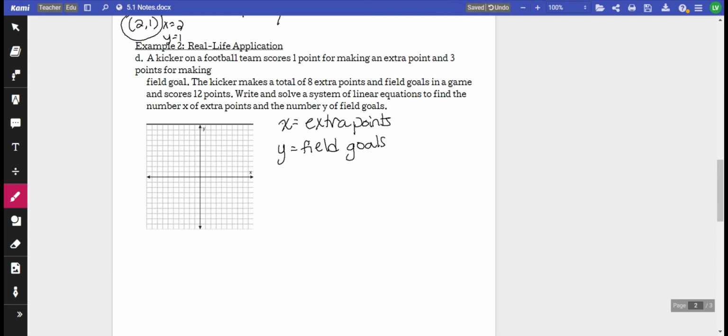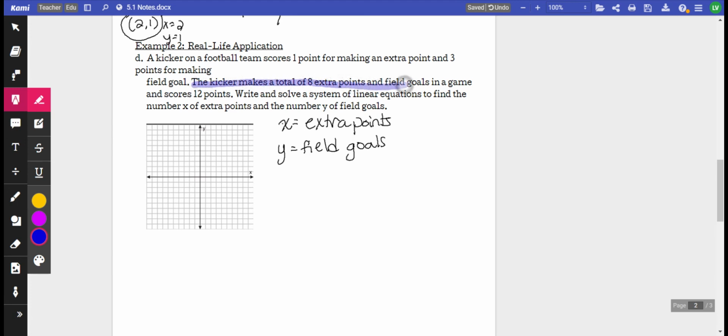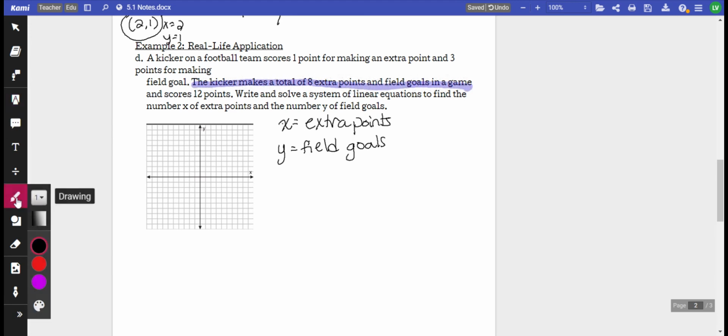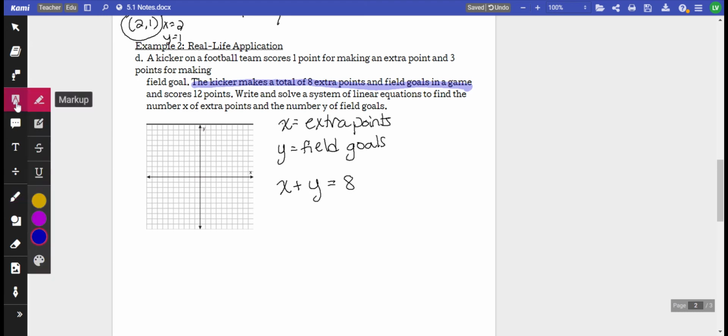So we're going to read that first sentence again. A kicker makes a total of 8 extra points and field goals in a game. We don't know how many of each, so this is represented with x plus y equals 8. X extra points, y field goals is a total of 8. Now for the second part, it's saying they score 12 points.